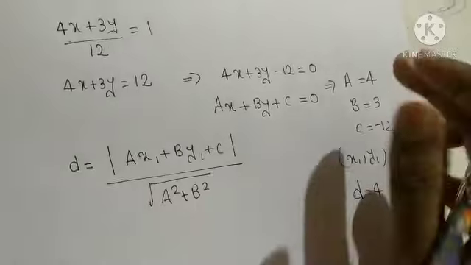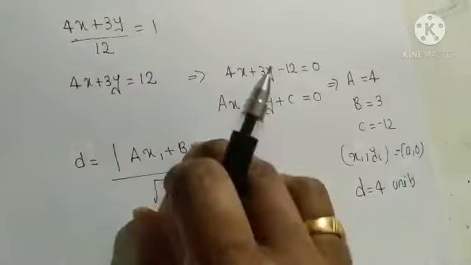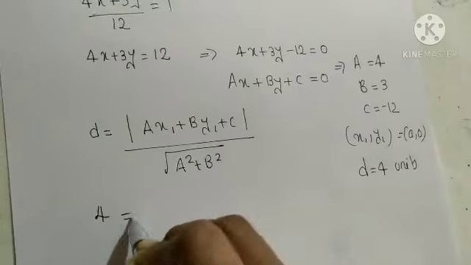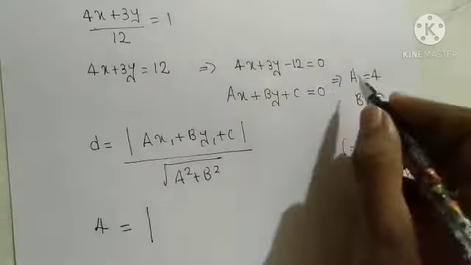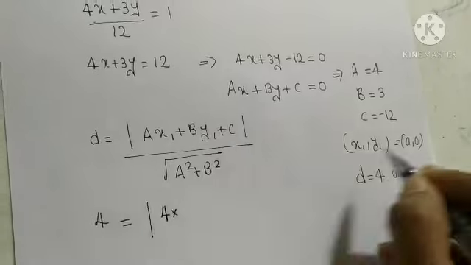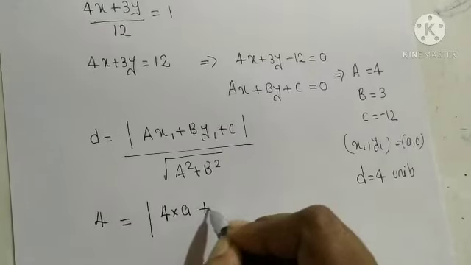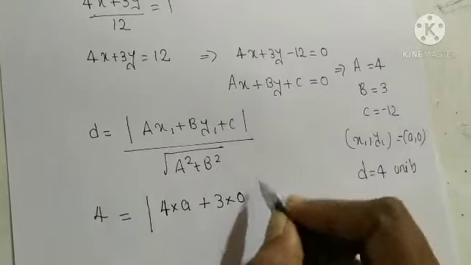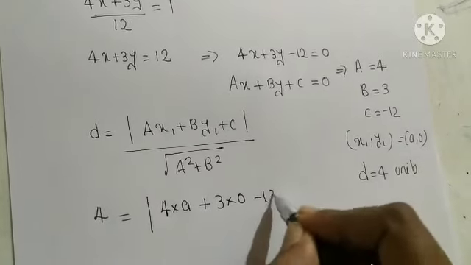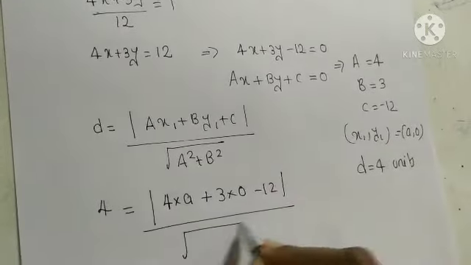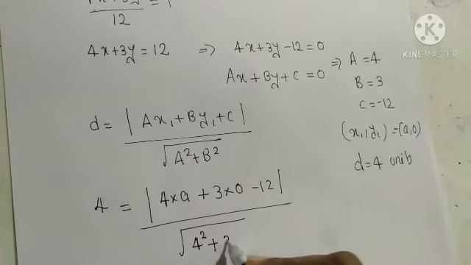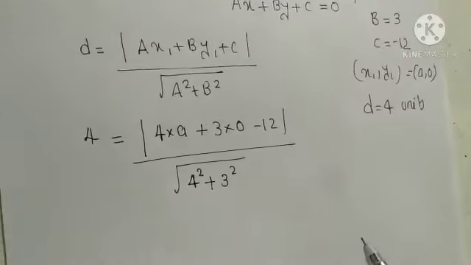So using all these data I am going to substitute here, and we get 4 equal to mod of 4 into x1, that is a, plus b is 3 into y1, that is 0, c is minus 12, whole divided by root of a square, that is 4 square plus 3 square, b is 3.